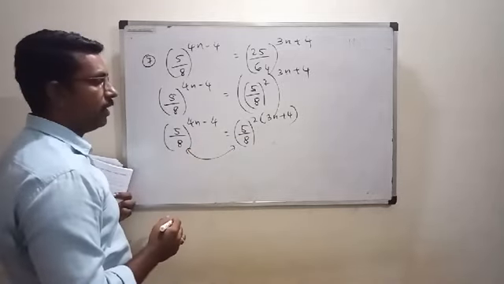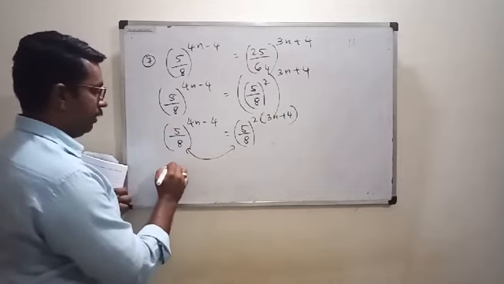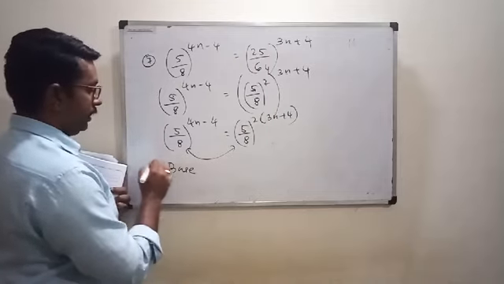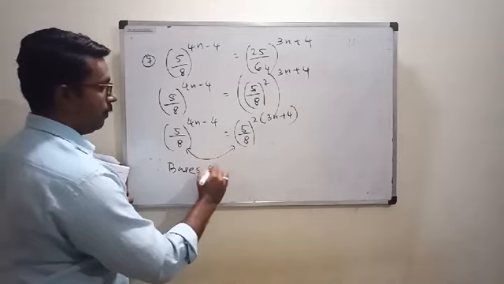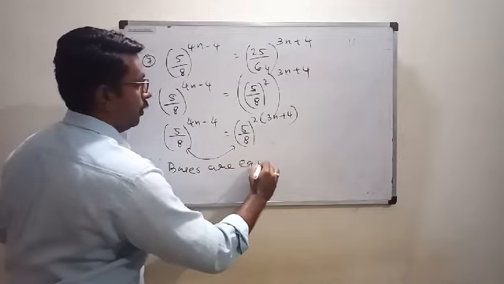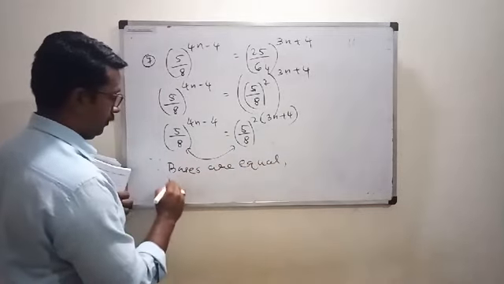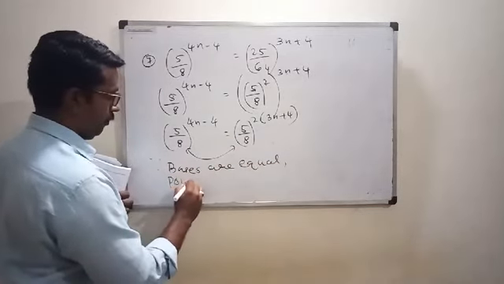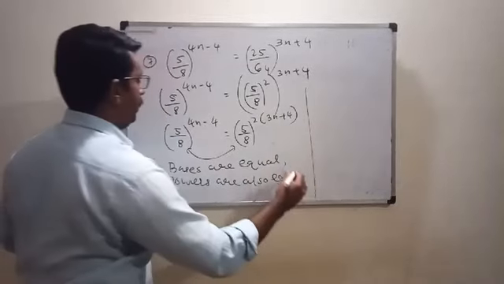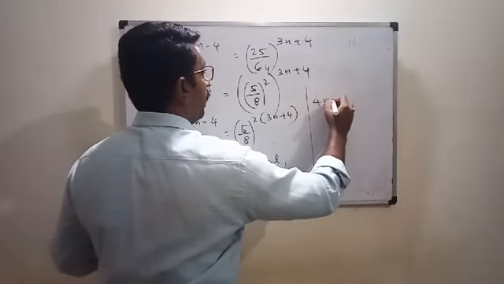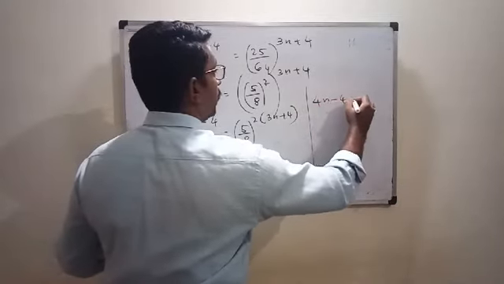Therefore powers are equal. Since bases are equal, powers are also equal. That means 4n minus 4 is equal to 2 into (3n plus 4). Open the bracket.